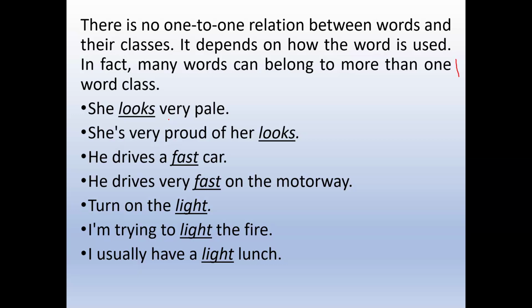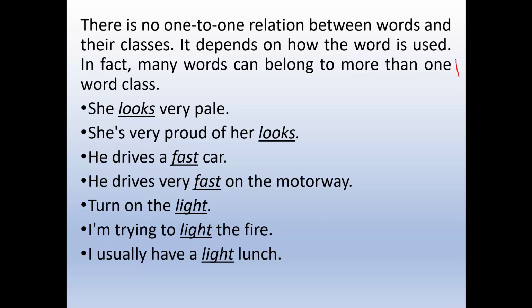What about the first looks? It's a verb, madam. Yeah. Second one. Noun. Next one, he drives a fast. Adjective. Yeah. Fast in the next sentence.